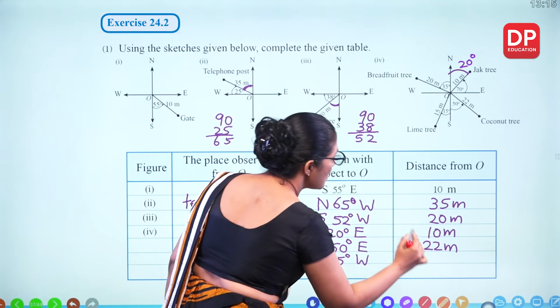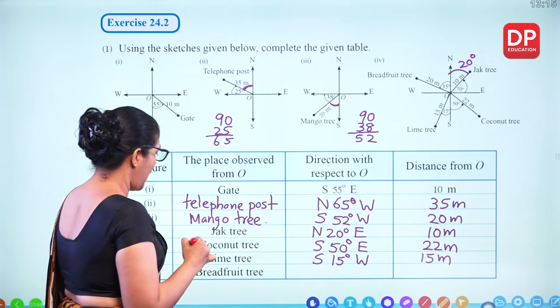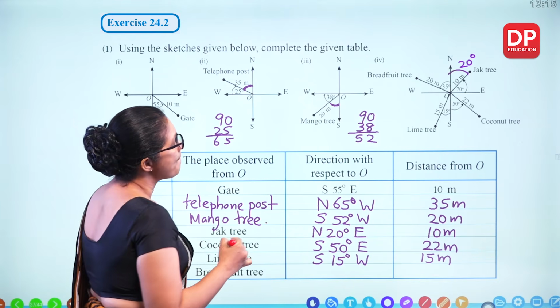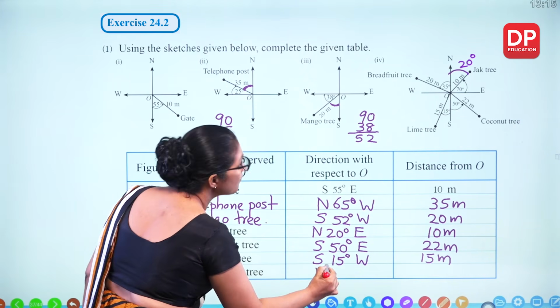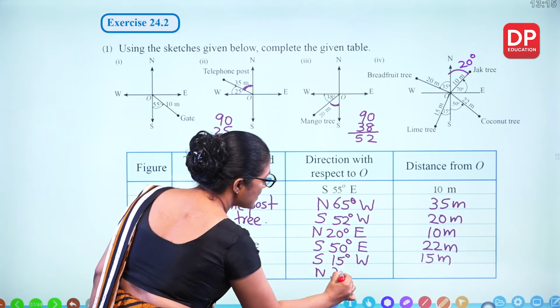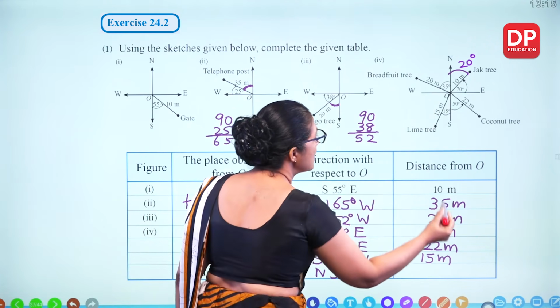What's the distance? 15 meters. And breadfruit tree, this one from north 35 degrees towards west, 20 meters.